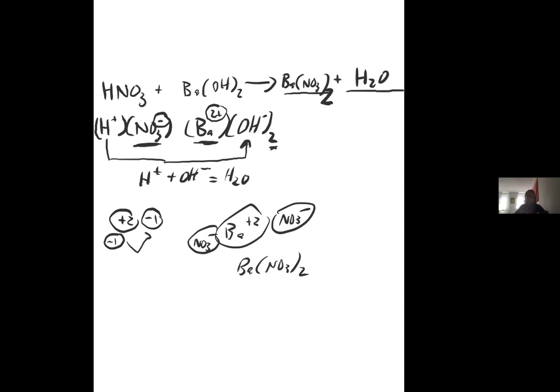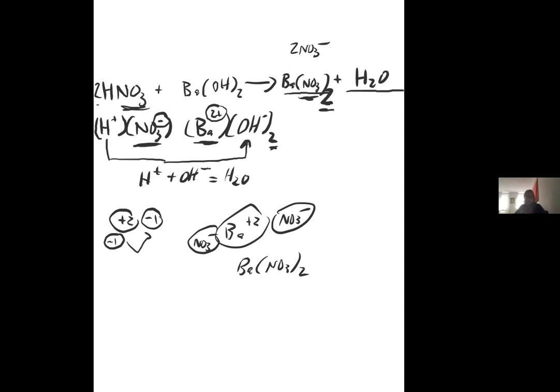Now we balance it. It's almost balanced. You've got two nitrates in the product, so you have to have two of the nitrates on this side. Just put a 2 there, and that gives you the two nitrates.